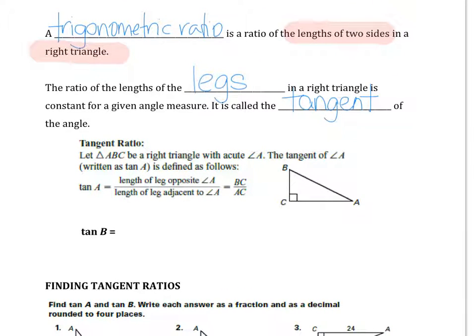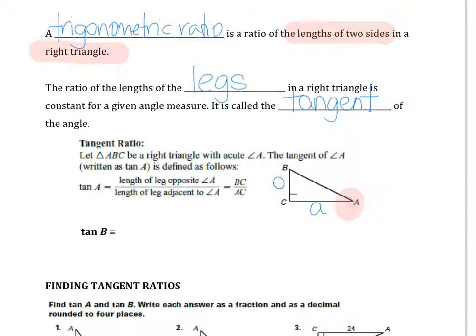Okay, so if I want to find the tangent of A, it is the opposite side over the adjacent. So the tangent of A would be the length of BC over the length of AC.